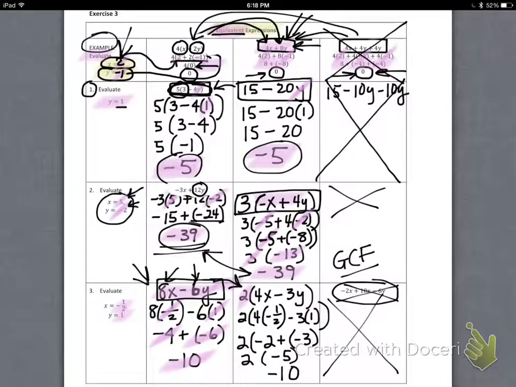So then 2 times 4x is the same as 8x, and then 2 times negative 3y is the same as this minus 6y here, okay?